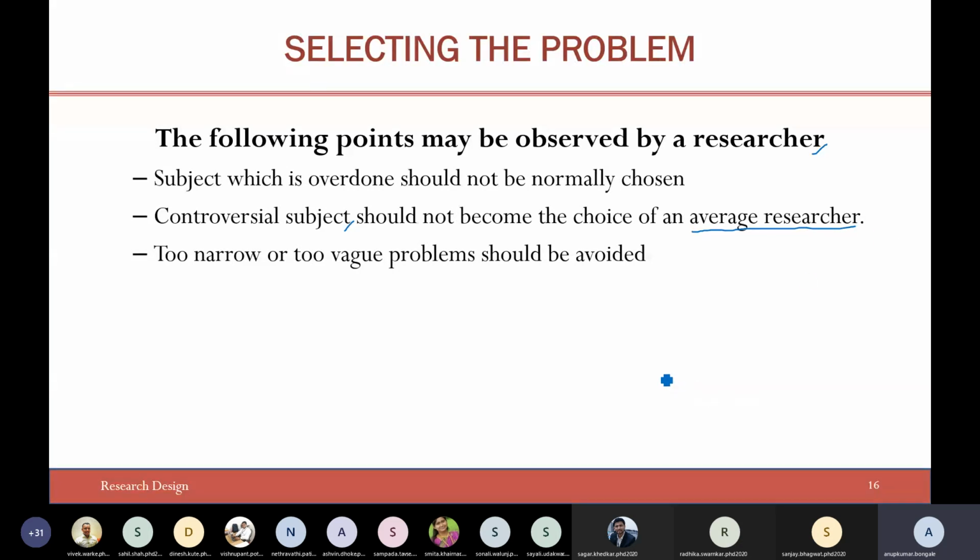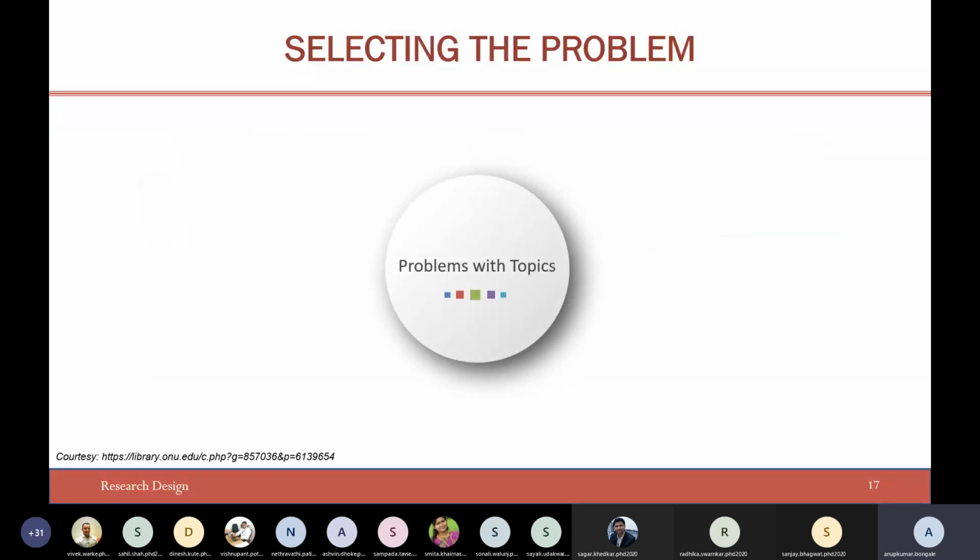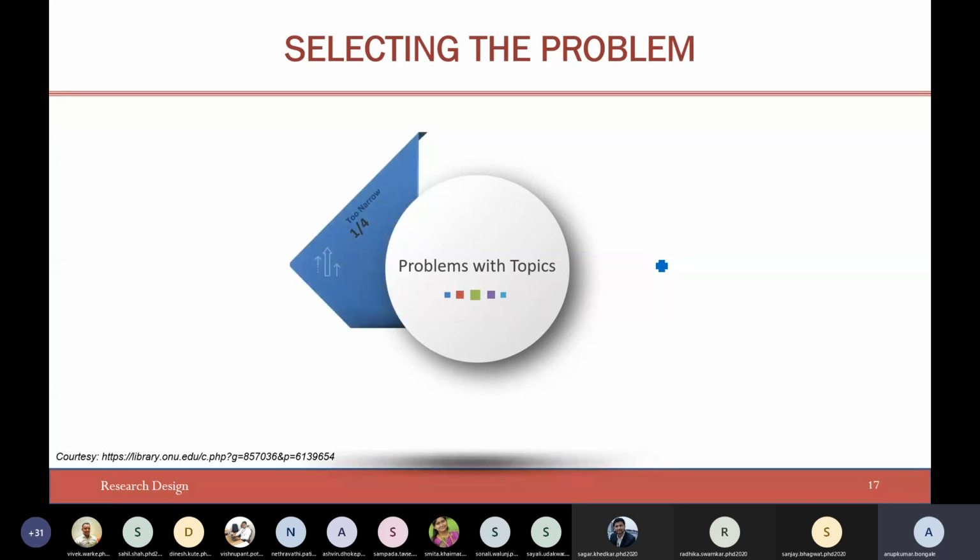And a too narrow or vague problem statement should be avoided. So what is this vague or narrow problem statement? Sometimes the problems that you take up, the research problems for your research area, could be considered too narrow. So how will you come to know the problem statement is too narrow?